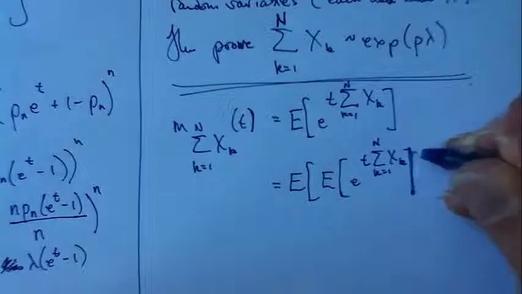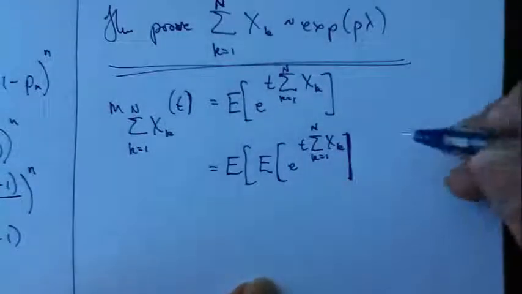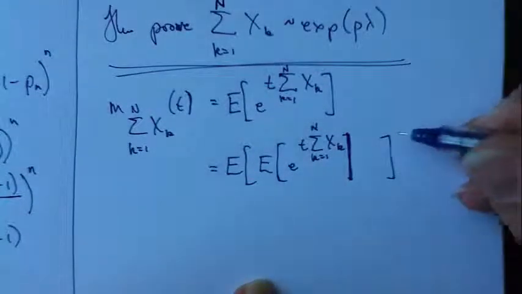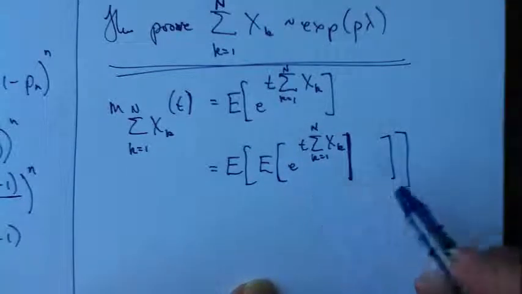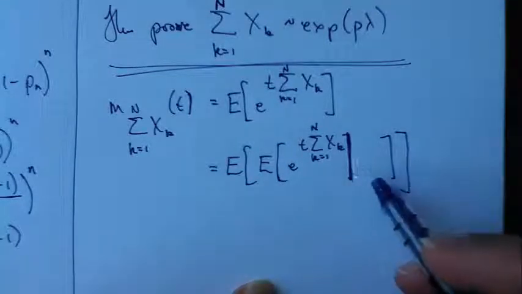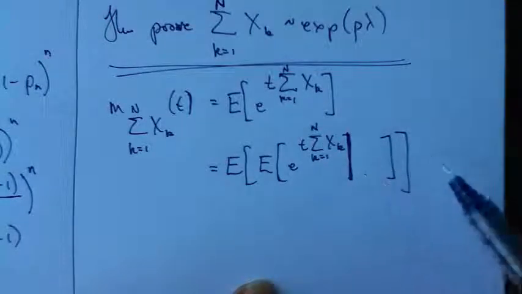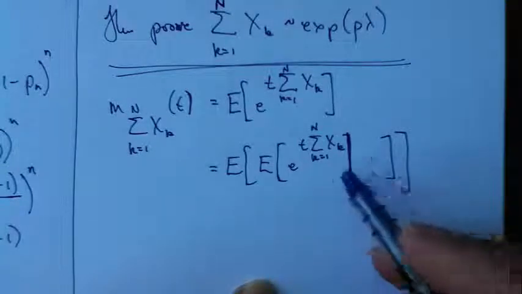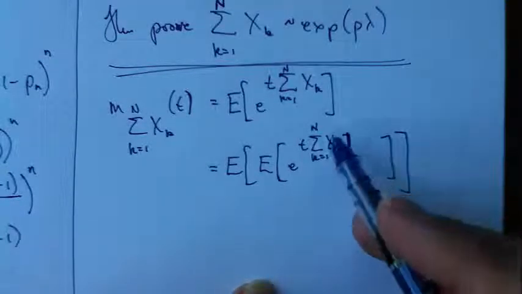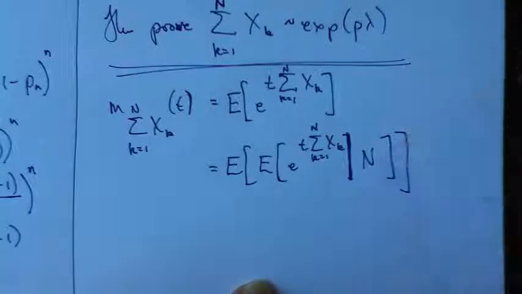When you use the tower property, you want to think about what kind of information would be useful. If I knew the number of terms in there, that would be really helpful. If I knew what N was.